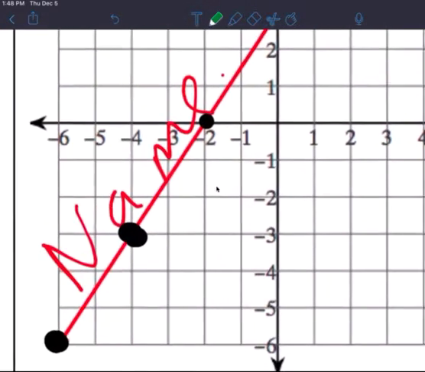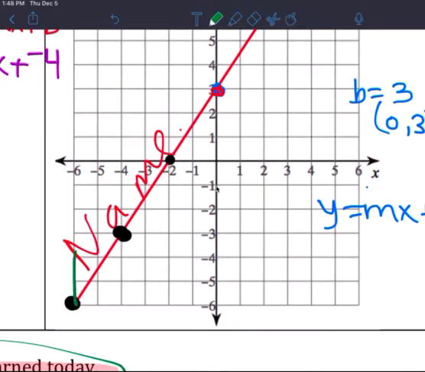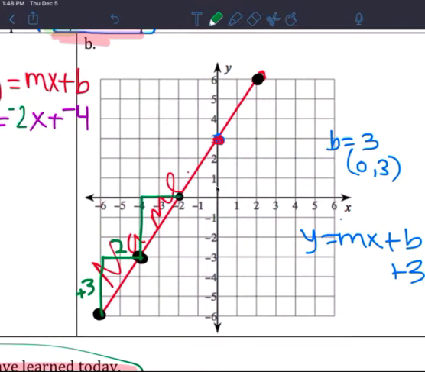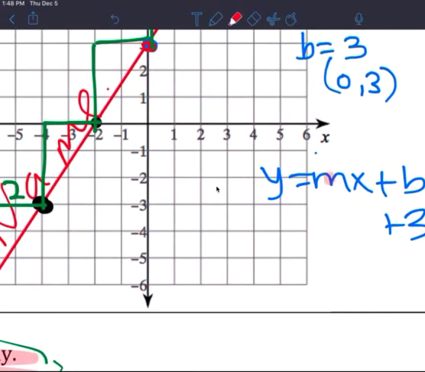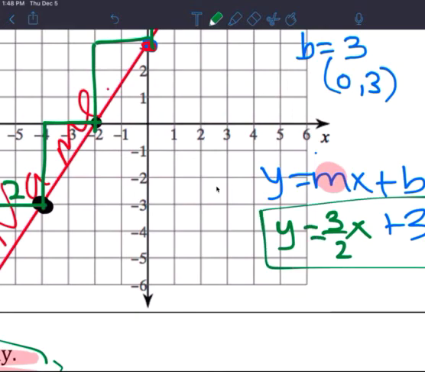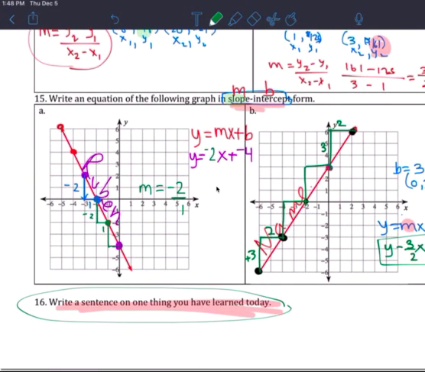Start out at the bottom because it's going up 3 over 2. Up is positive, right 2. Up 3, right 2. So up 3 over 2 is your rate of change or slope. 3 over 2. And that's the equation. And then write me a sentence of what you learned.